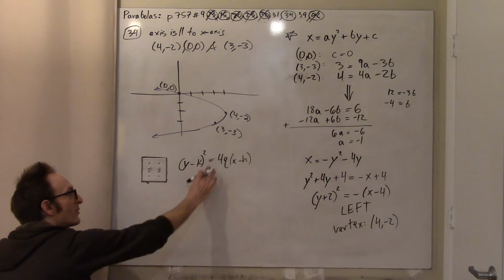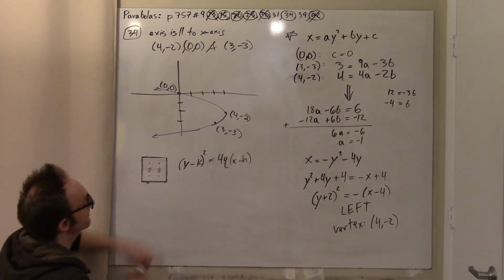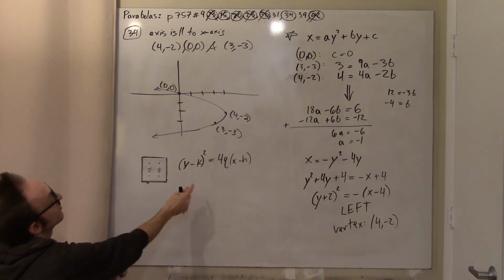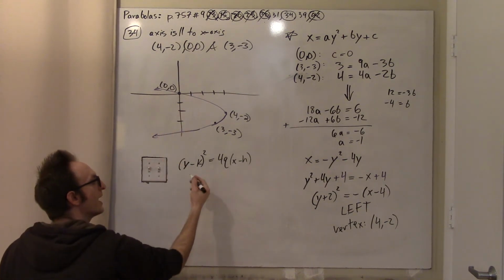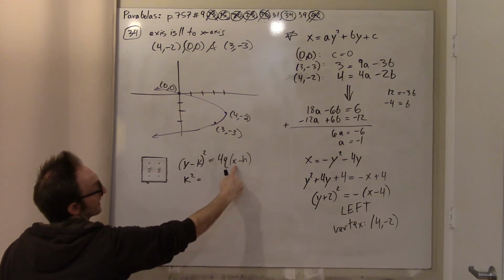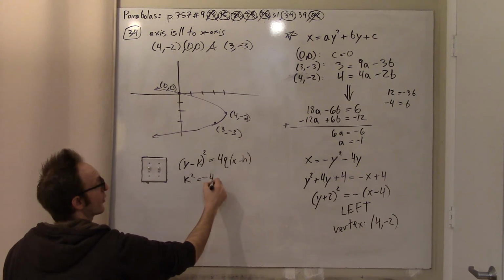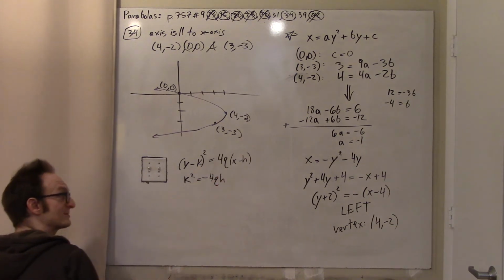If you want to see what it would have looked like to pursue this method, it's just going to be worse. When you plug in 0, 0 for x and y, you get k squared equals negative 4qh. That's my first equation.